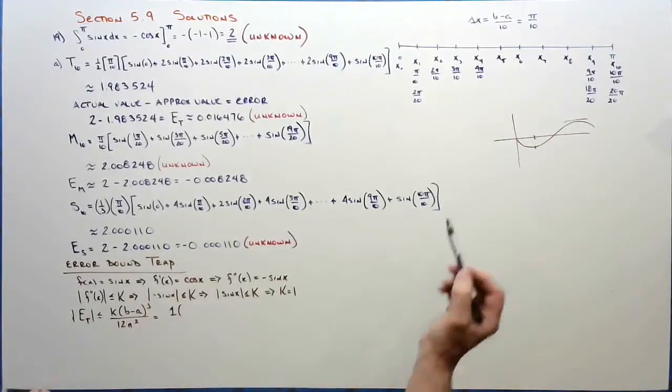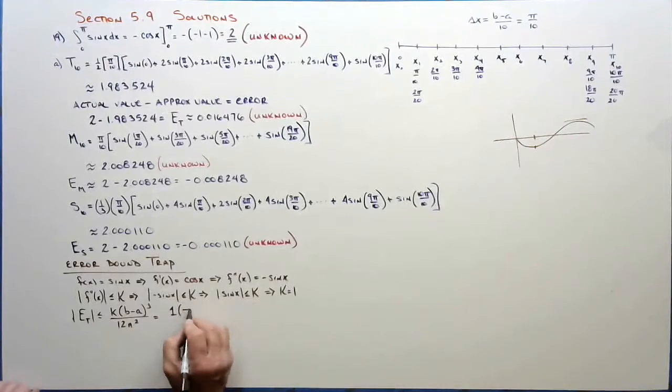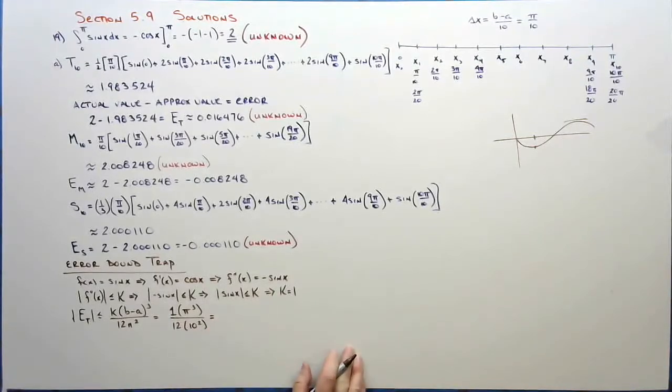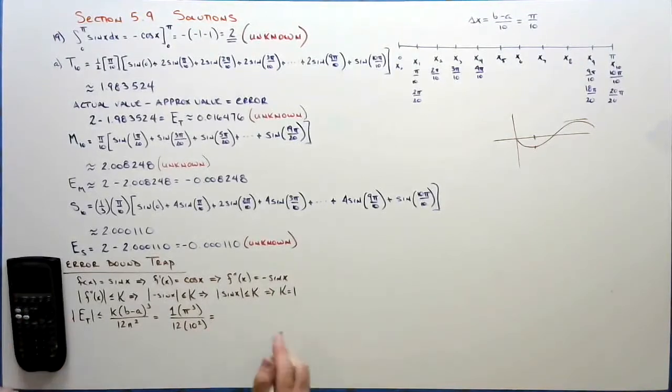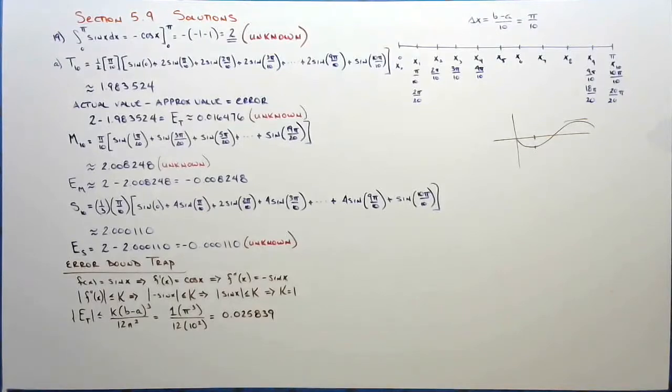B minus a is pi, so that's going to be pi cubed, divided by 12 times n squared, that's 10 squared. Now, I did this arithmetic on my calculator, and I got for an answer 0.025839. Now remember, that's the bound on our error with 10 subintervals, it can't be bigger than this.